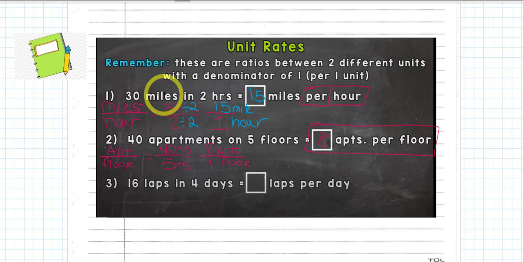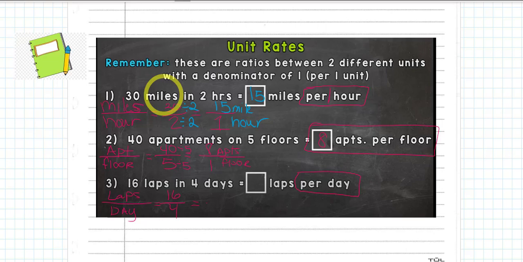For number 3, we're given 16 laps in 4 days. The question being asked is how many laps per day? That's for 1 day. So that means day is going to be the denominator, and the numerator would be laps. Now you just plug in the information given. That's 16 laps in 4 days.